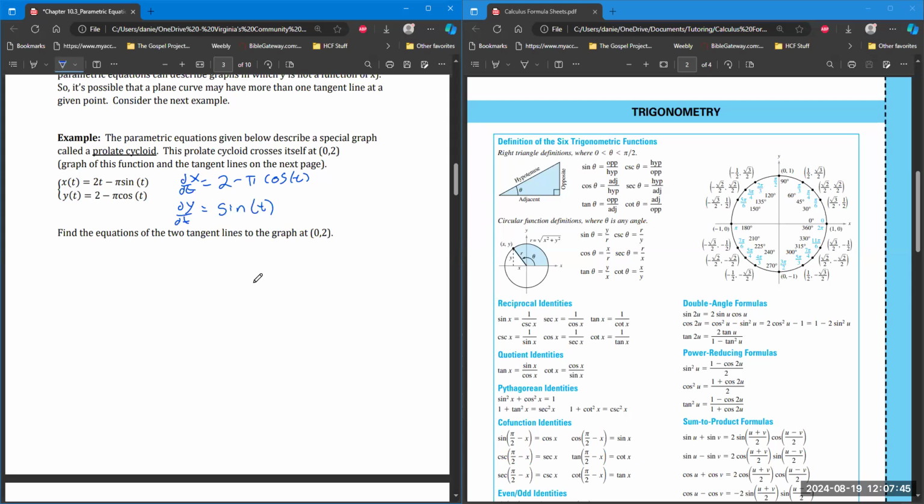So my dy/dx is going to be pi sine of t over 2 minus pi cosine of t.